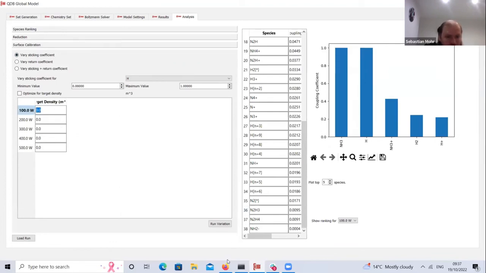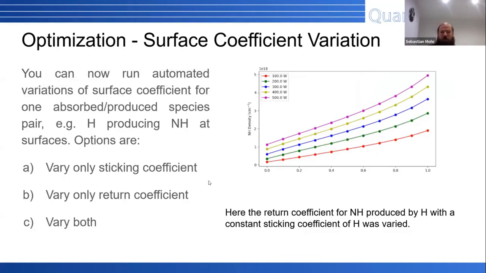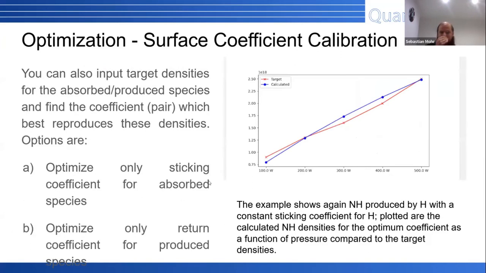And if you run the variation, then the app will find the coefficients which best produce your target densities. For example, this is an example. These are more or less arbitrary target densities, but what you get then is, in this case, the return coefficient which best produces your target NH densities. And for example, such a plot where you can directly see how well it is actually produced.